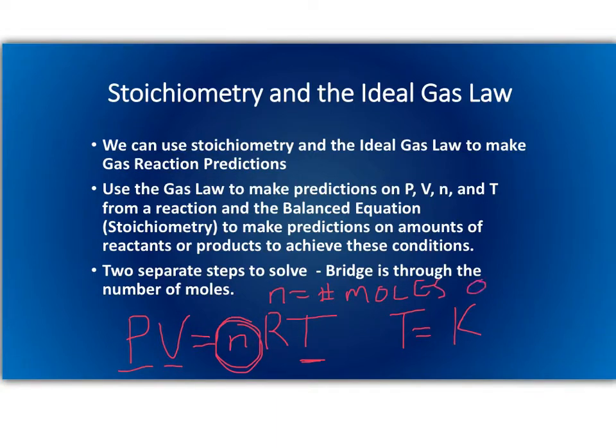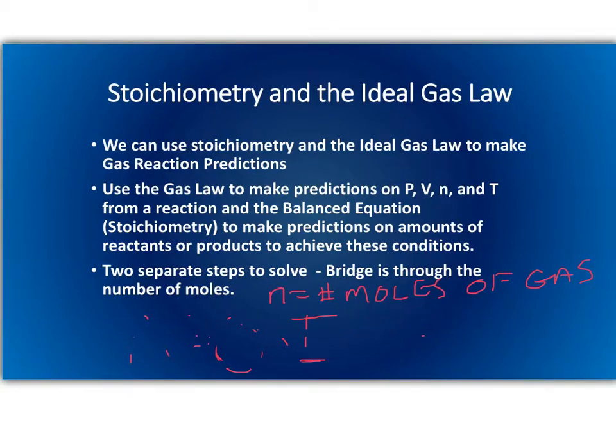If we know the number of moles of the gas, I'm just going to erase this part, because the only part we need to know now is that n. We've already figured it out from this part of the equation.